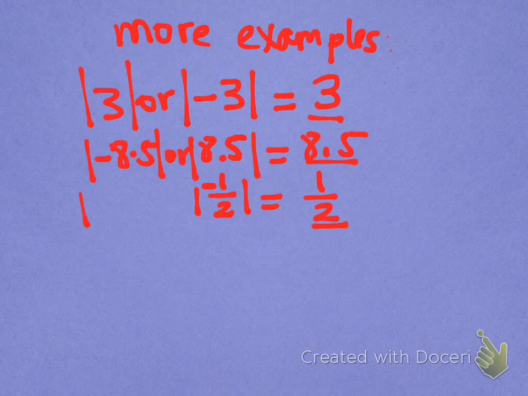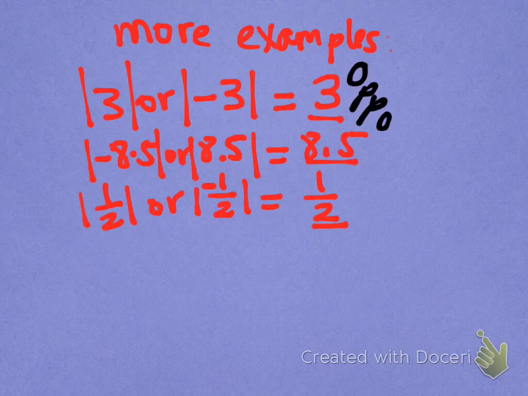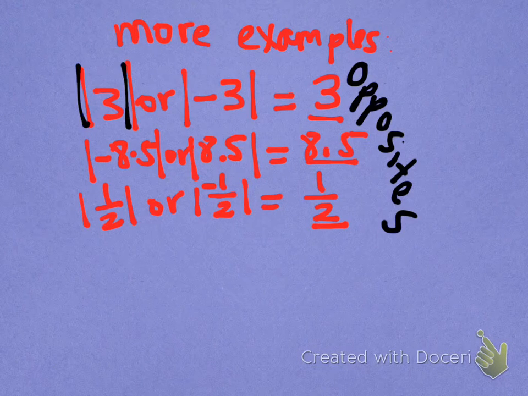And the absolute value of 1/2 or negative 1/2 would be 1/2. Why? Because remember, they are opposites and they have the same distance from 0. So you will see this symbol here, the two lines around a number, means absolute value.